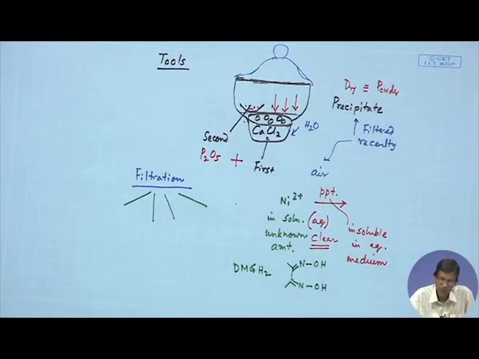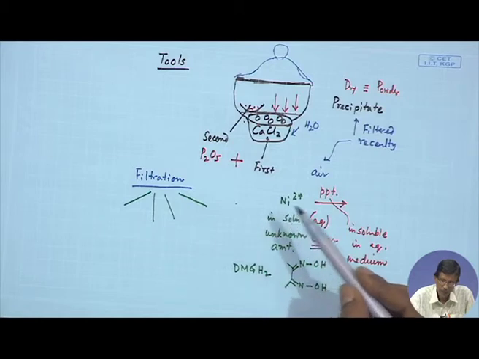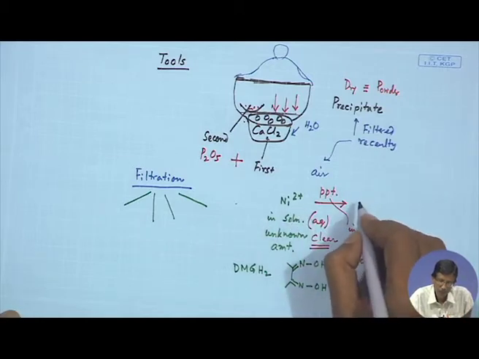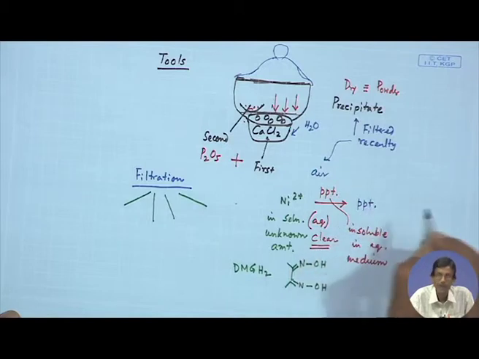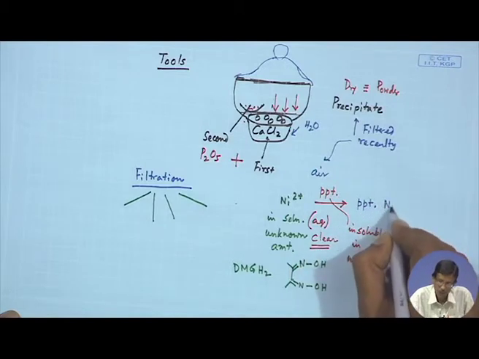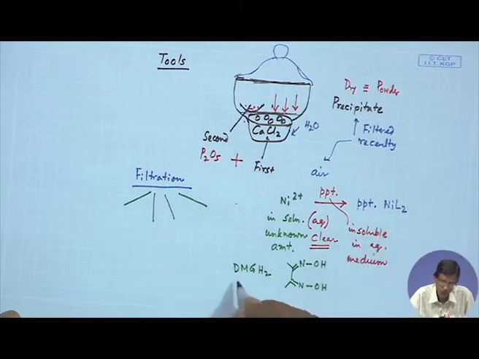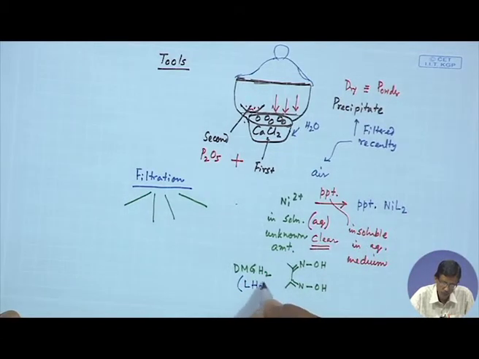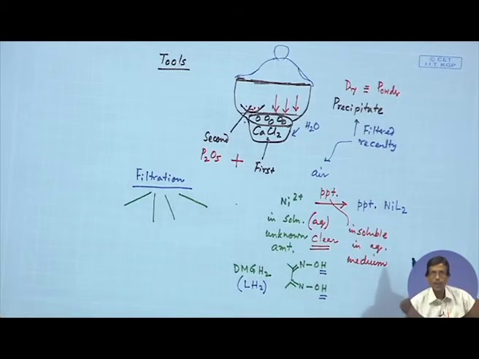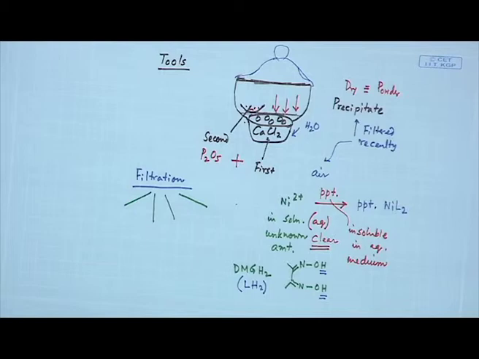This will bind to the nickel 2+ and give you a reddish pink precipitate. So, you get the precipitate of NiL2, where this is your LH2. You have 2 protons attached to the oxime function which can be removed.